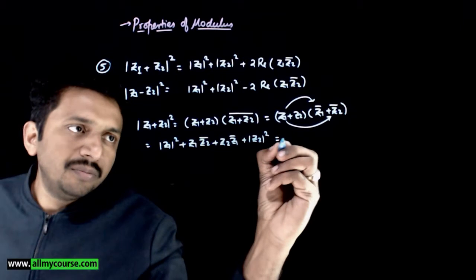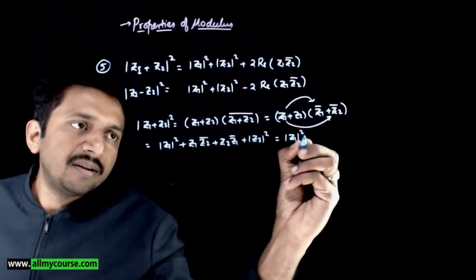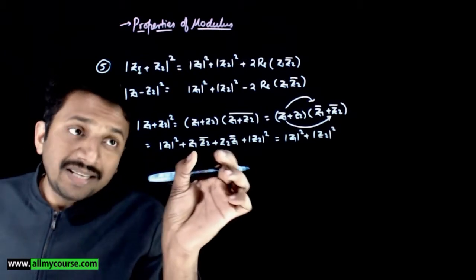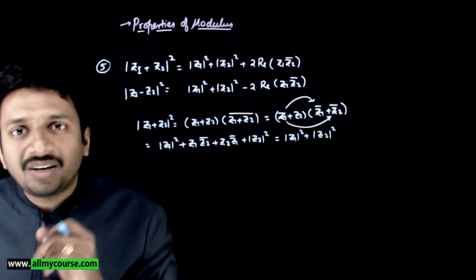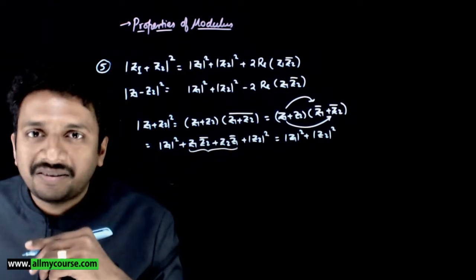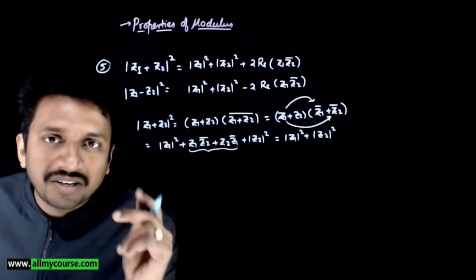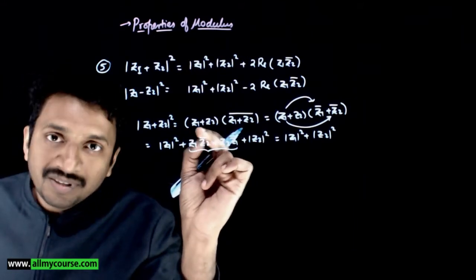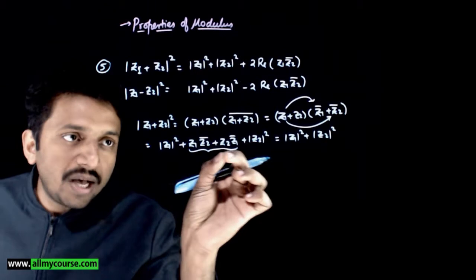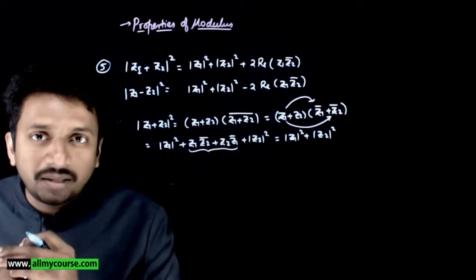So that is equal to mod z1 square plus mod z2 square plus z1 z2 bar plus z2 z1 bar. So can you see that these two are conjugate to one another? So what is z1 z2 bar whole conjugate? z1 conjugate into z2 double conjugate, which is z2. So these two are conjugates of one another.